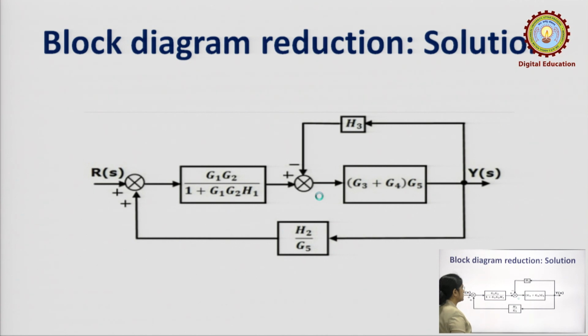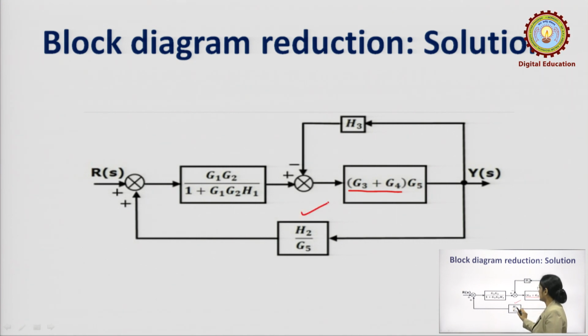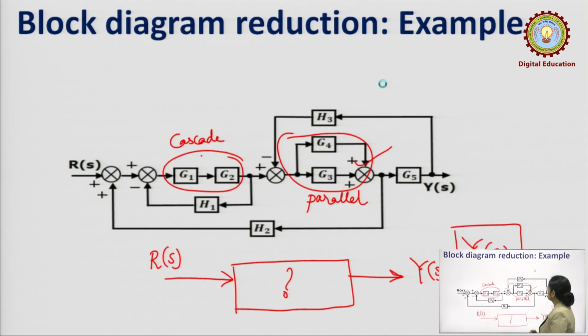We can see that now G3 plus G4 is in cascade with G5. G3 plus G4 is written in this way, in cascade with G5, and this was due to the takeoff point. The value of this block is now H2 by G5, and we have a feedback loop originally in the diagram, which is after the G5 block and reaching here with a negative sign.